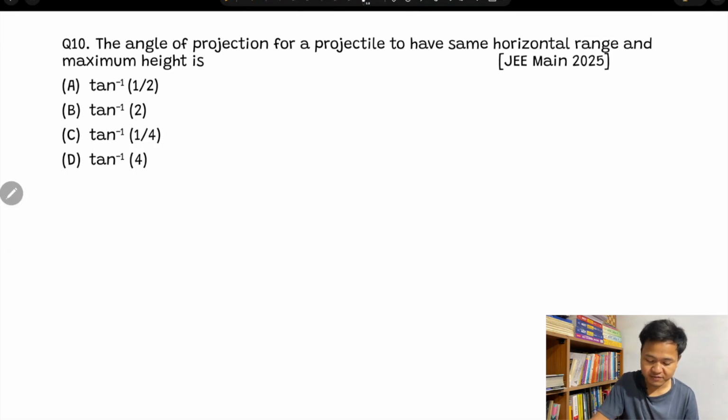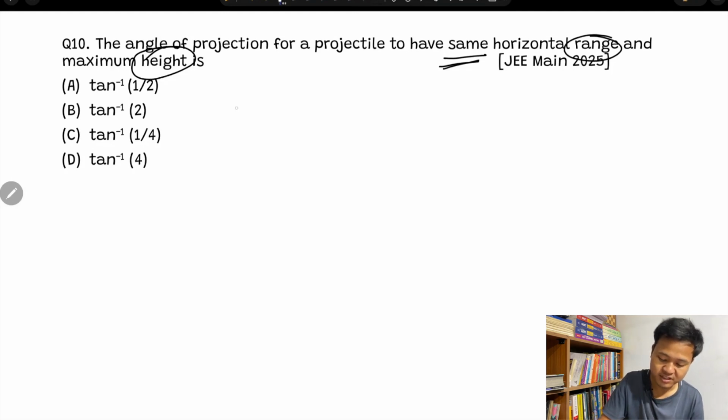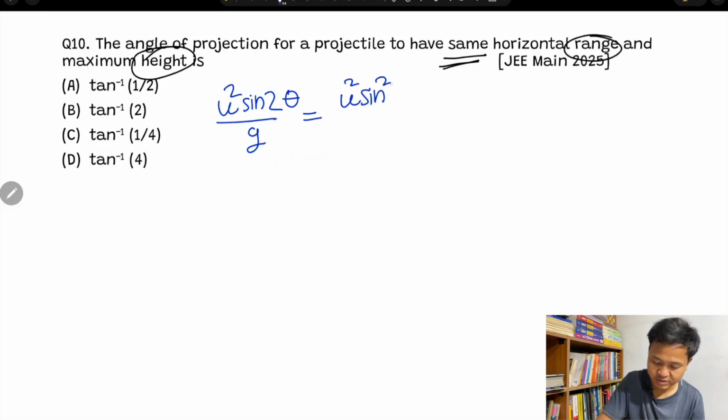So next question: you have the angle of projection for a projectile to have the same range as its maximum height, so that is given. Okay, the range formula is u square sine 2 theta by g. It is the same as the maximum height, so that means u square sine square theta by 2g.